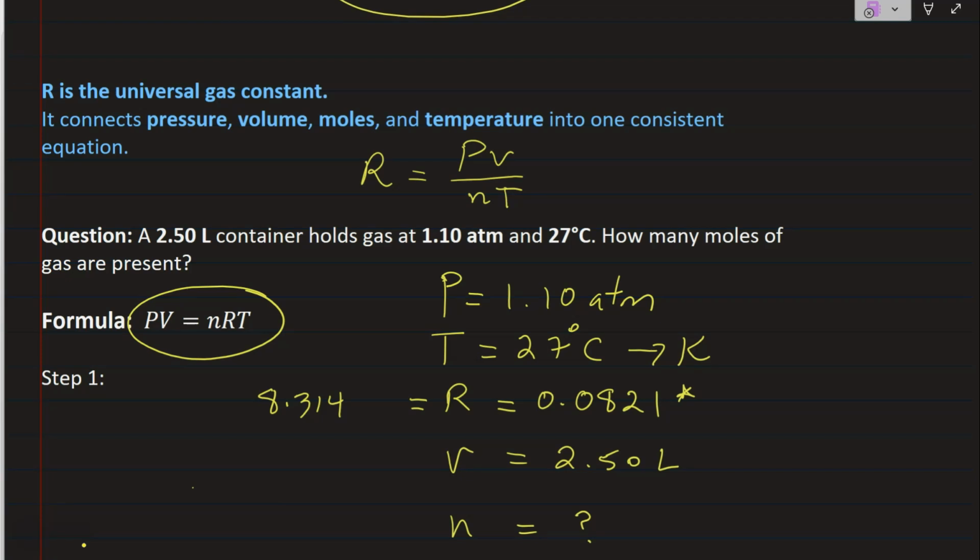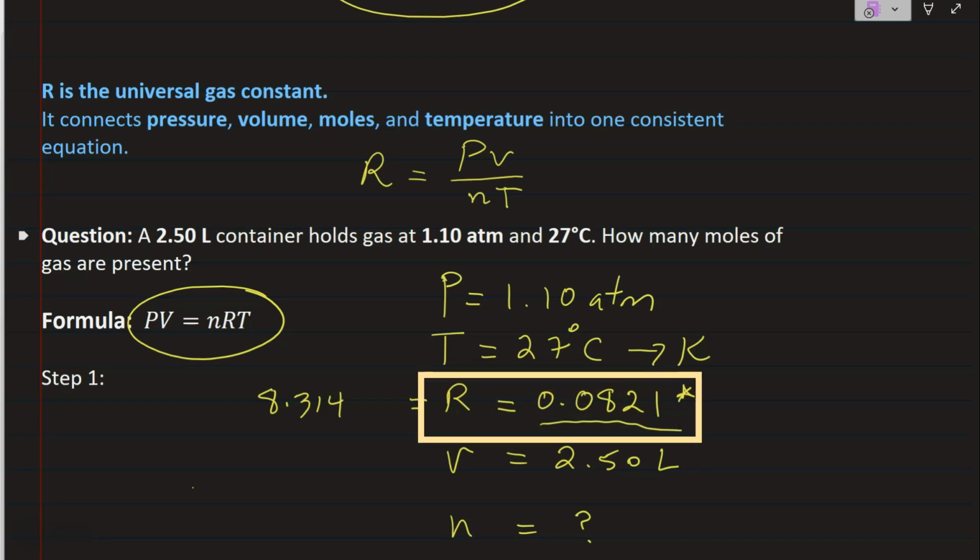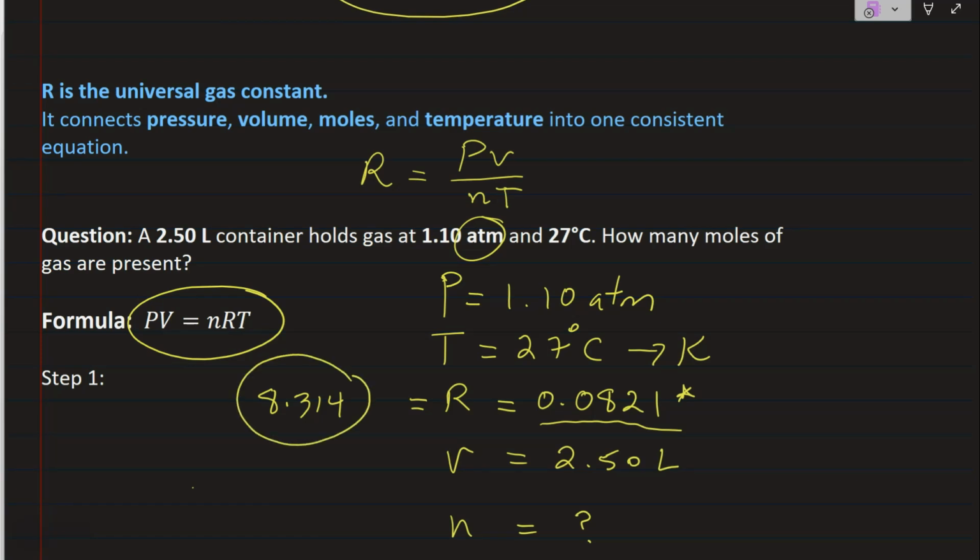Whatever the unit of the pressure is, with the liters divided by mole times the Kelvin, that would be the unit of this constant. But because it's so ugly, we don't put it on. We just leave it at the number. Just be aware, 0.0821 specifically is when you're dealing with the pressure unit of atmosphere. If it is kilopascal, then you have to use the 8.314.